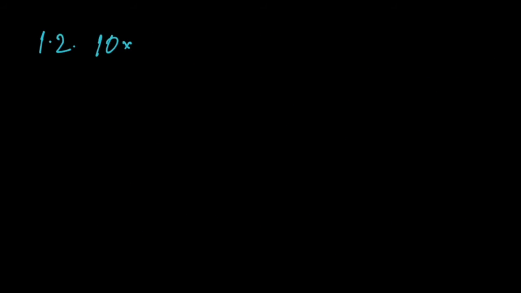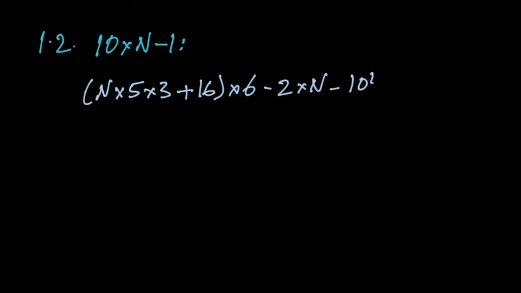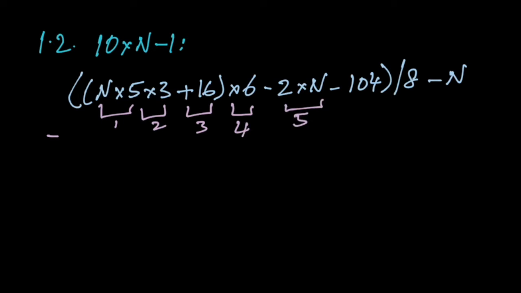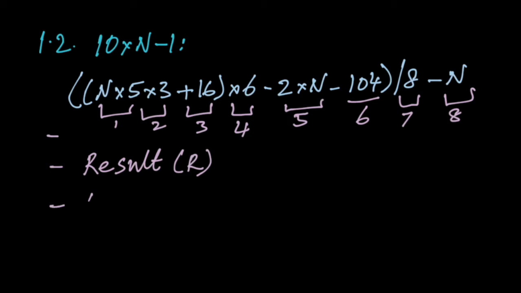Let's do the second trick, where we are going to get the result as 10 times the number minus 1. Here we will follow these steps. It has 8 parts, and to get the answer we will do the result plus 1, divided by 10.